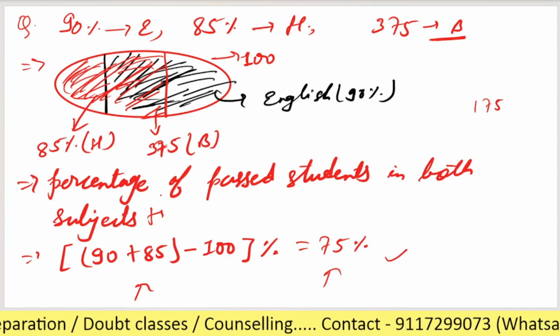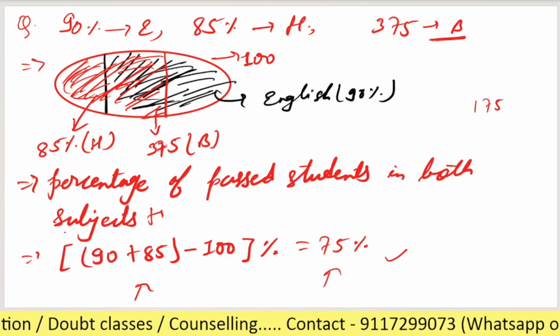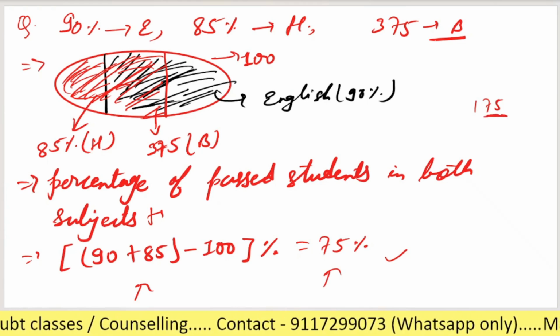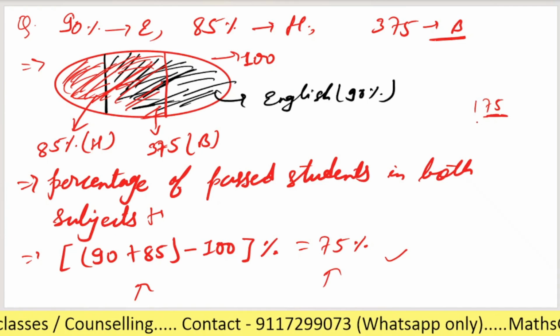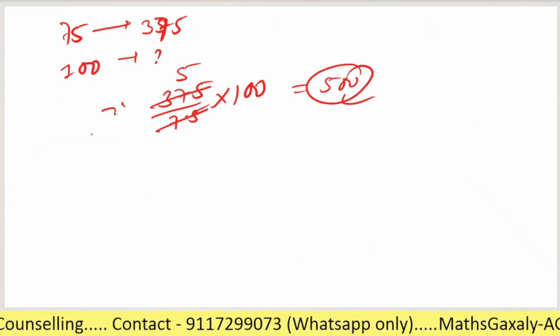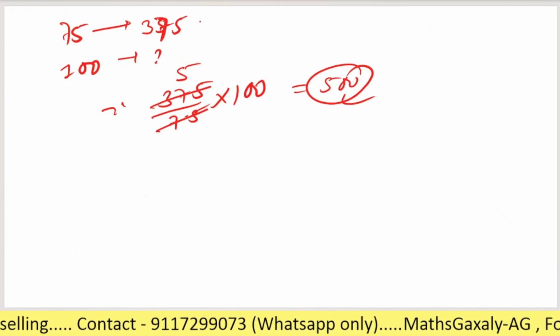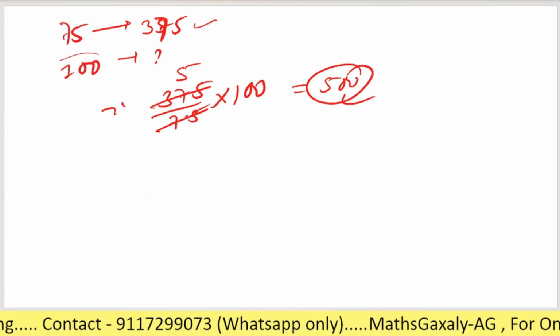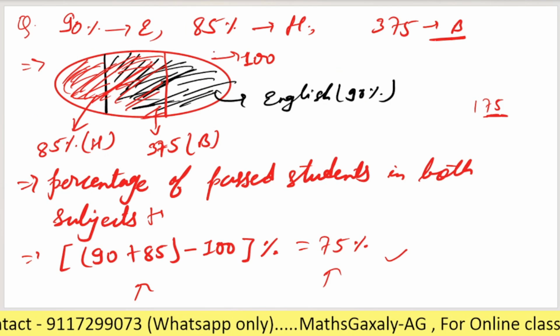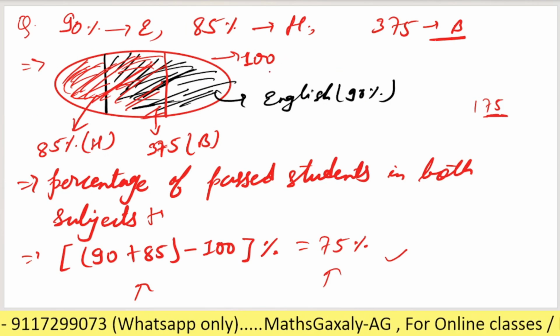Extra we get 75, because 90 plus 85 is 175. The value of this 75 is given as 375 students. So what will be the value of 100 students?